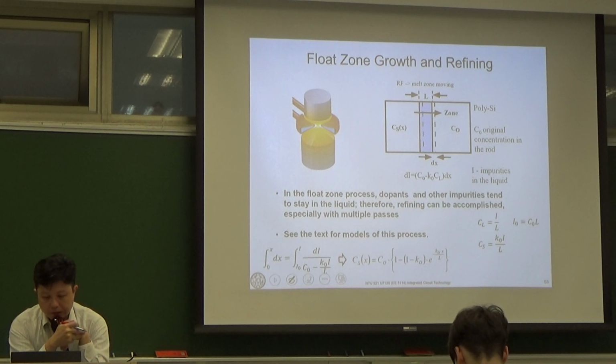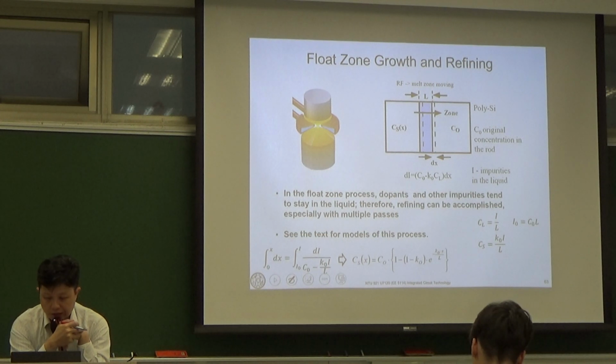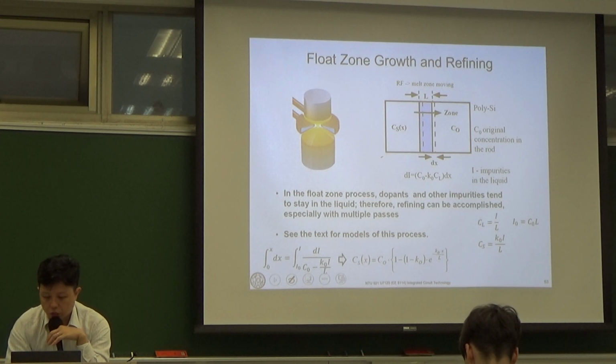Okay, so now we get into the FZ growth, and this method can also be used to refine your crystal, which means to purify your crystal. Let's consider we have a material already here, and we can move this coil in these directions.